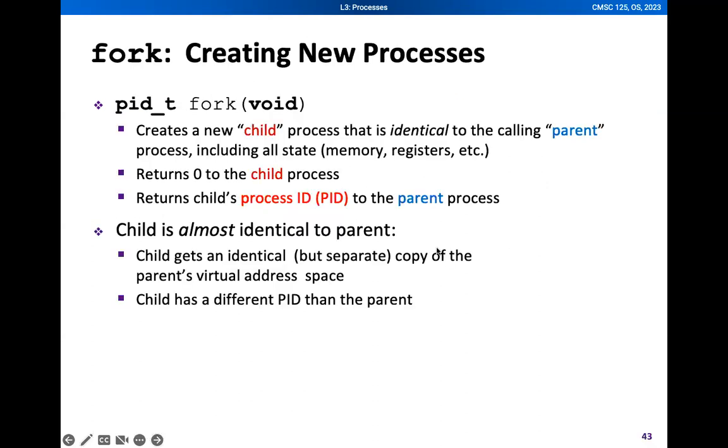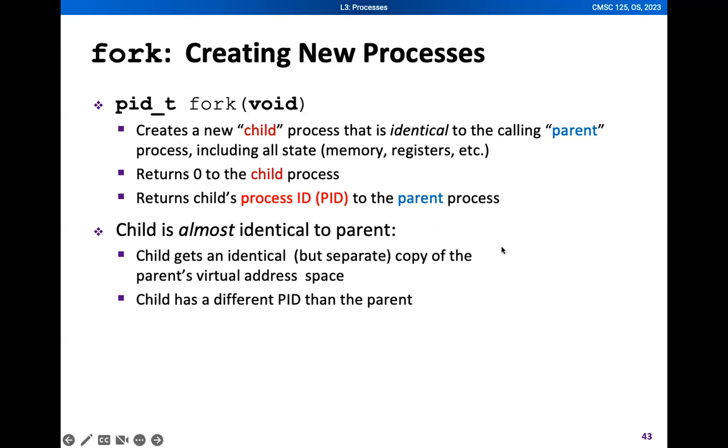Okay, so again, we are using fork when creating new processes. So for example, we have pid_t, so we are creating an object, and then fork, then this will create a new child process that is identical to the calling parent process, including all state, memory, registers, etc. And it returns a 0 to the child process, and it returns the child process ID to the parent process. Okay, so parang ang hirap pa siya intindihin, but again, stay strong.